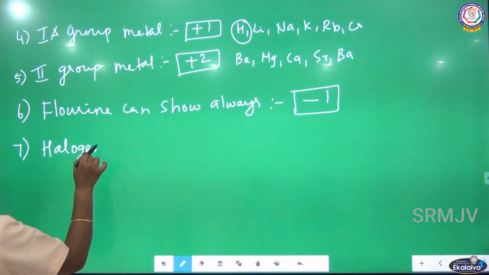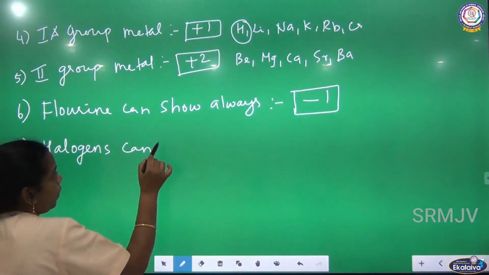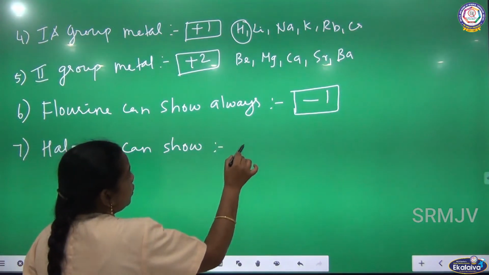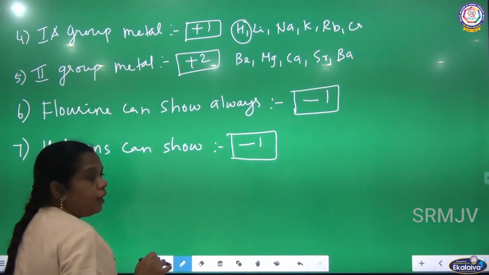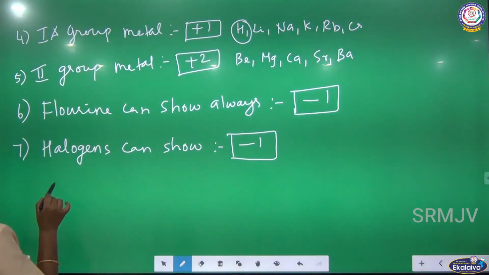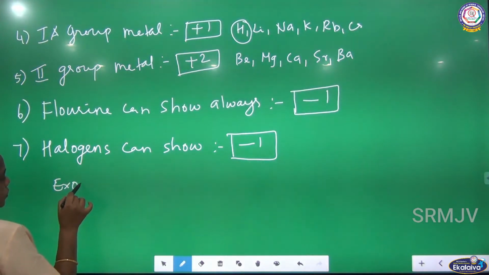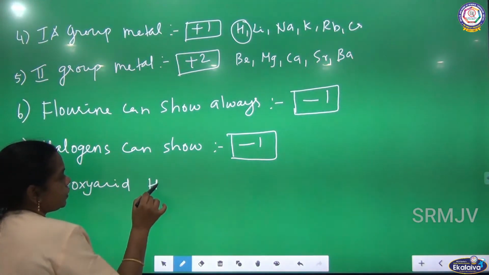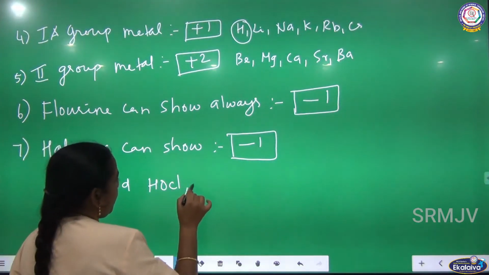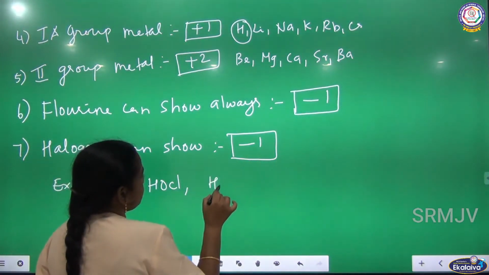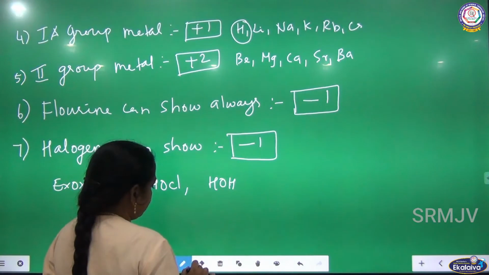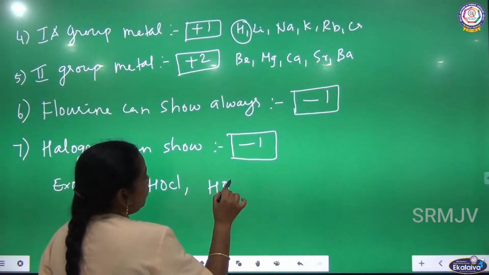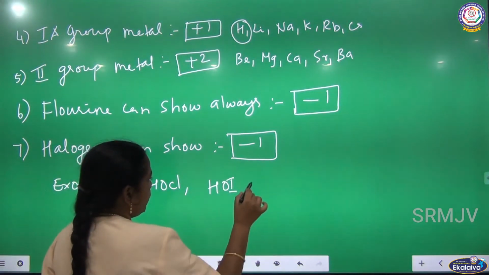The halogens can show -1 oxidation, except in oxyacids. For example, hypochlorous acid, hypobromous acid, HOBr.